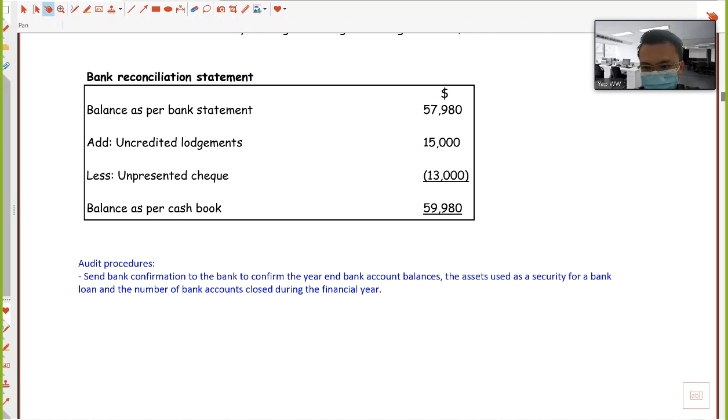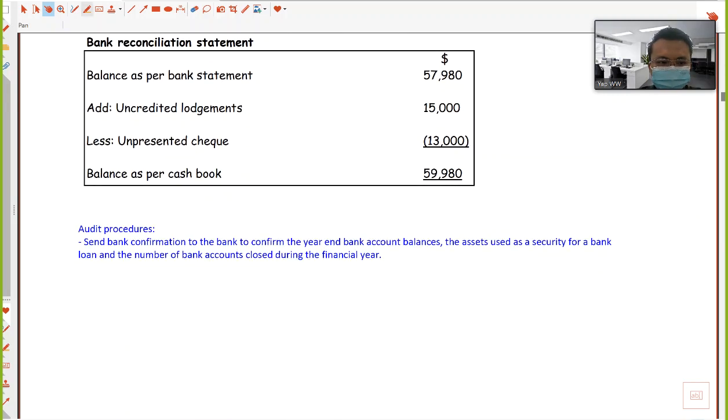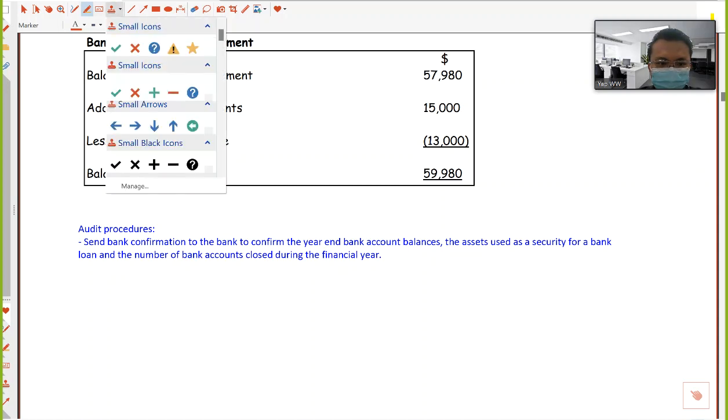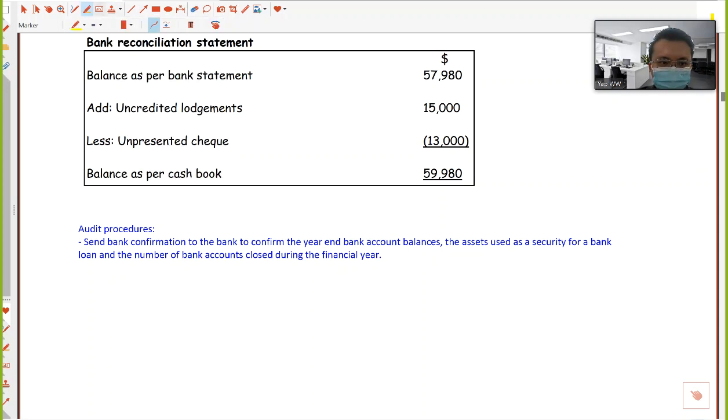So in an exam scenario, they will be telling you that a bank reconciliation statement is performed because the bank balance is not the same as the cash book. Okay, it is not the same. Therefore, we have to perform the audit procedures based on the bank reconciliation statements.